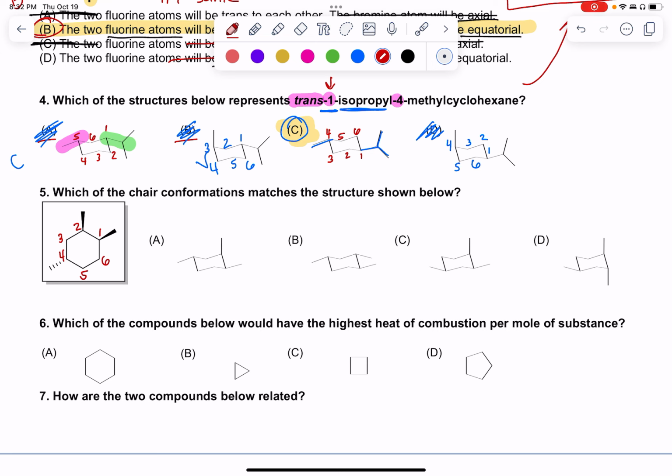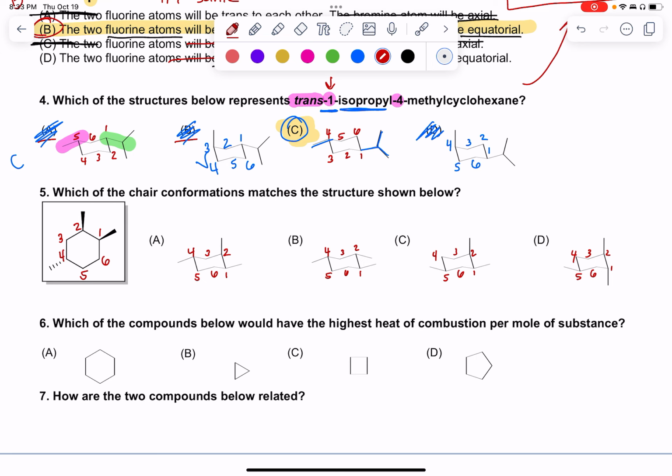Now I'm going to number all of these molecules the same way. I'm going to start at the substituent here and go 1, 2, 3, 4, 5, 6. I'm going to start here 1, 2, 3, 4, 5, 6. And 1, 2, 3, 4, 5, 6.